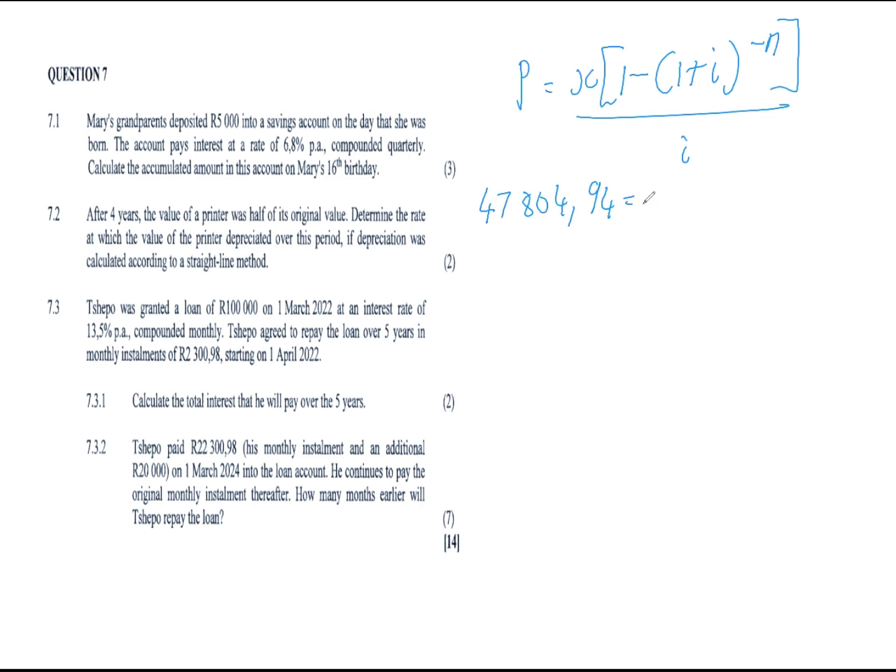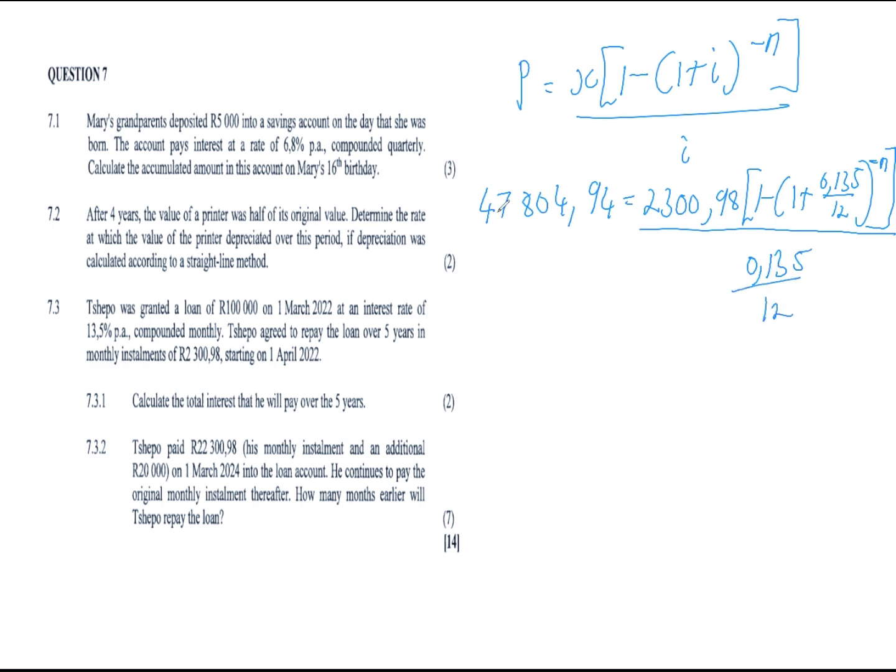Remember, he still makes those monthly installments of 2,300.98. And then we have 1 minus 1 plus 0.135 over 12. But this time around, we are looking for that n. We are looking for how many months it will take him to pay.